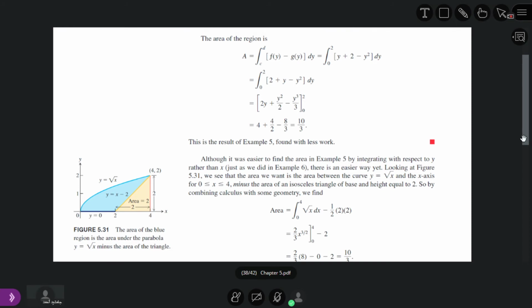What is the antiderivative of 2 with respect to y? Yes, 2y. What is the antiderivative of y with respect to y?